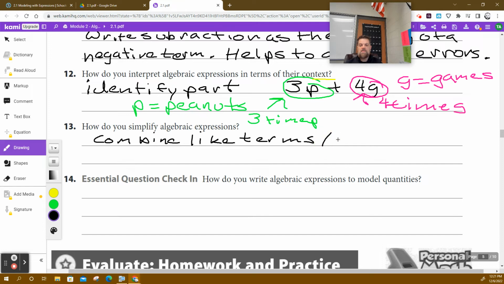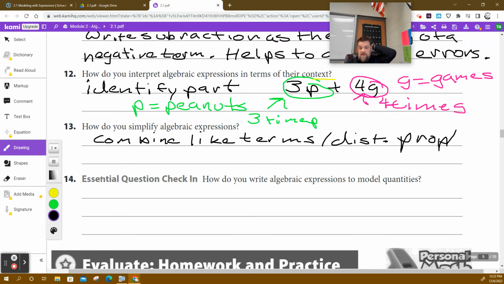Another thing we'll do sometimes is use the distributive property. Those are the two main things. Sometimes we'll do some algebraic stuff, which means we move stuff to the other side.